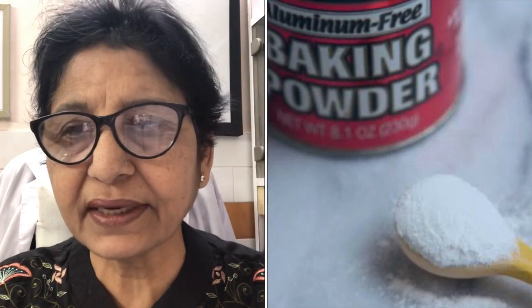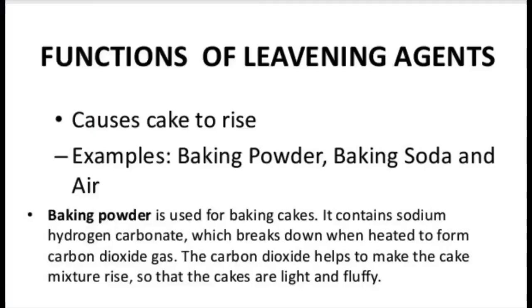Then chemical aeration. Chemical aeration is done with the help of baking powders, baking soda, baking powders of various types. When they are moistened with water and heated, they evolve carbon dioxide gas, and this gas expands during baking, and that is responsible for giving volume to the cake.